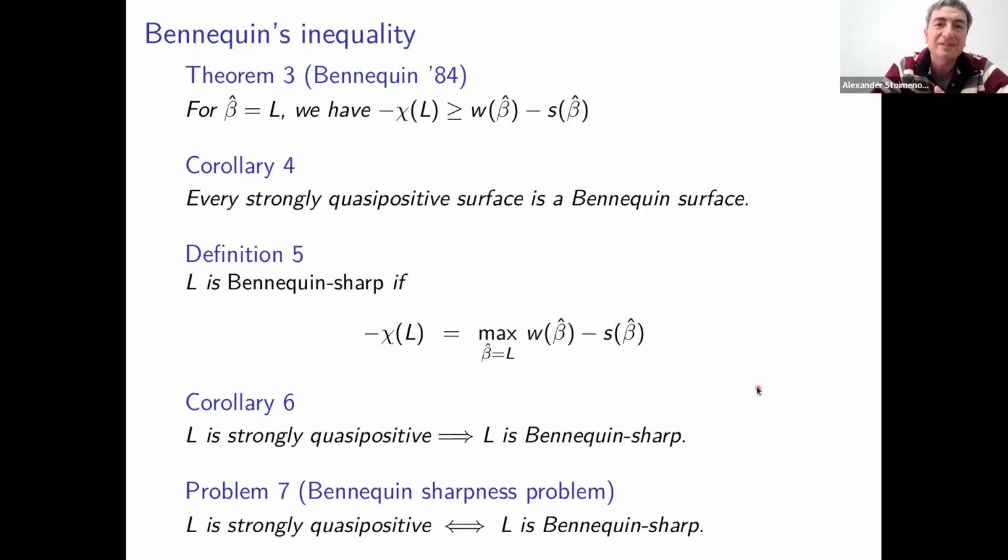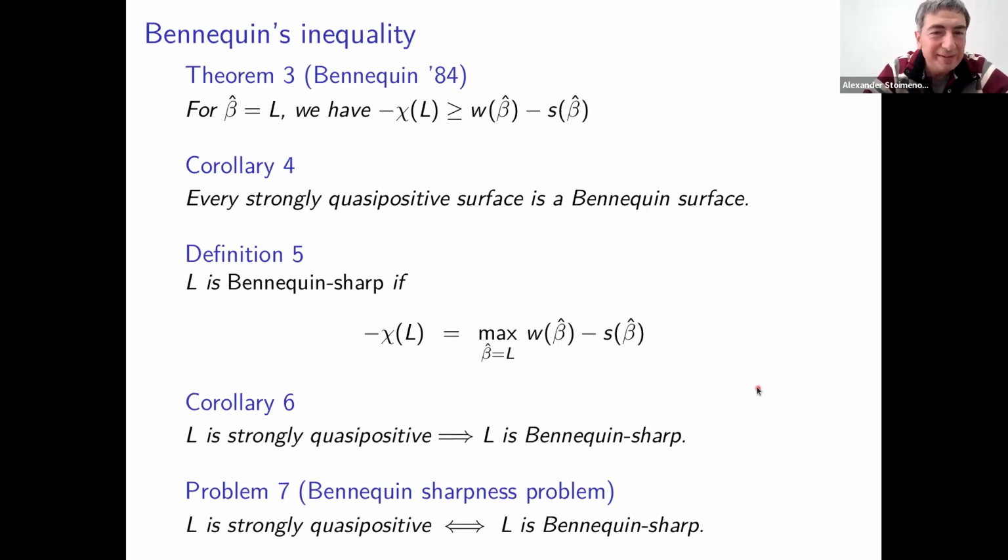Now there is this Bennequin inequality, which relates the Euler characteristic of the closure to the writhe and the number of Seifert circles. So minus the Euler characteristic is greater than or equal to writhe minus number of Seifert circles. And it is very easy to see from that when you have a strongly quasi-positive surface, then it is minimal genus, so it is a Bennequin surface.